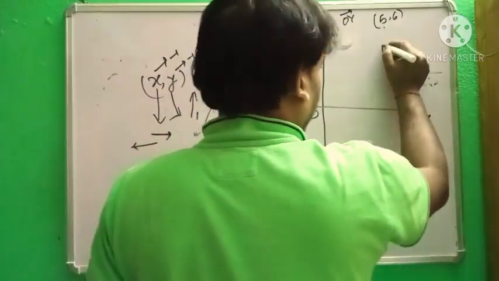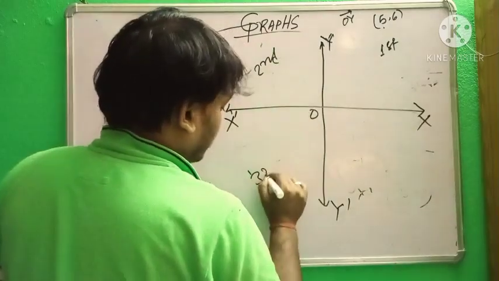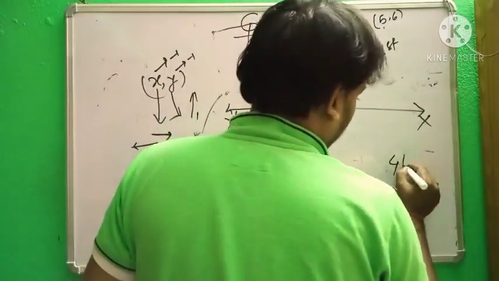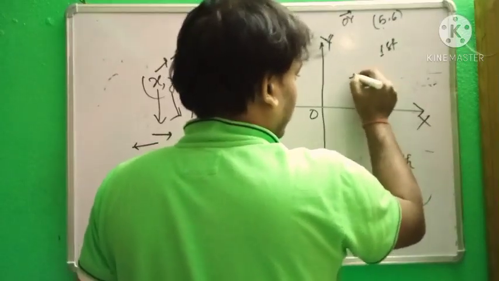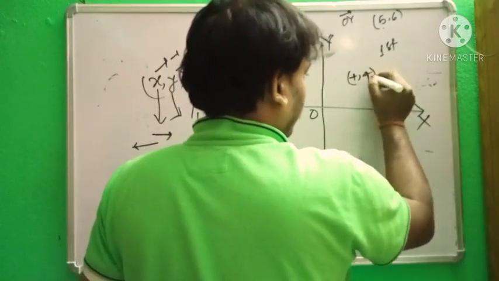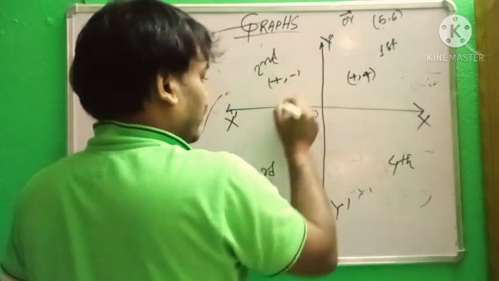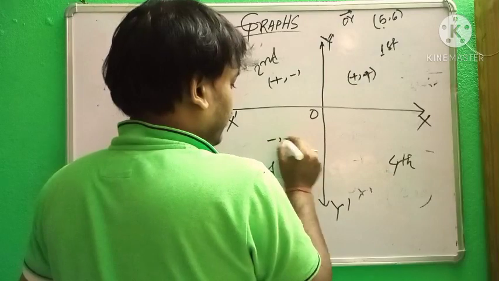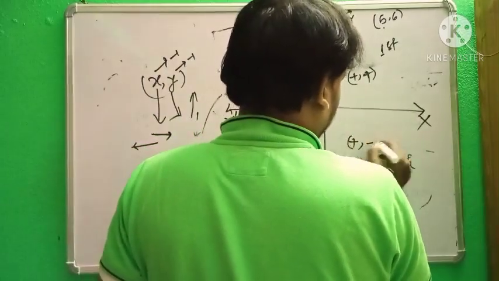So it is the first quadrant, the second quadrant, the third quadrant, and the fourth quadrant. So we have seen the points in the first quadrant are positive positive, in the second quadrant negative positive, in the third quadrant negative negative, and in the fourth quadrant positive negative.